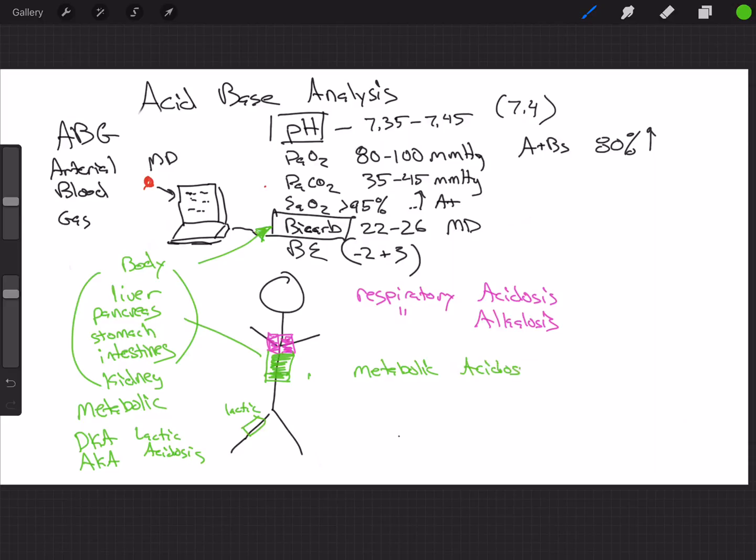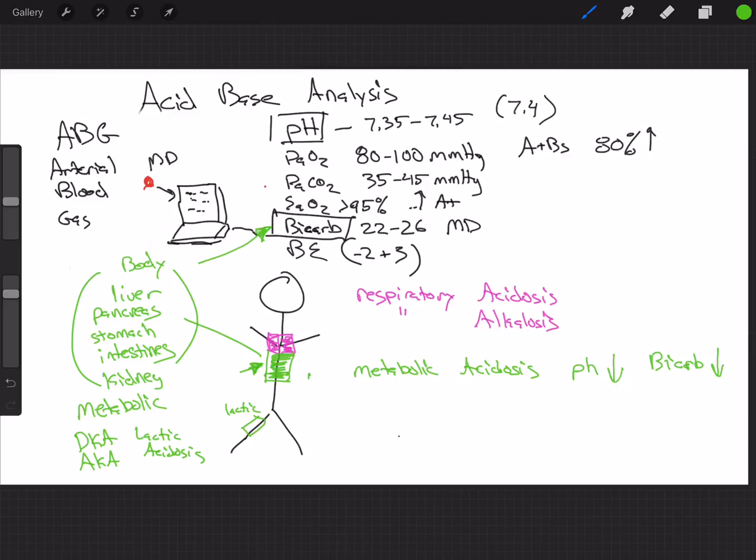So we've got metabolic acidosis. Your pH is going to be down, and your bicarb is also going to be down. So I always think of it as we've got an acidosis down here in the abdomen, and that's where all the bicarb is at, because bicarb's in the body. It's not a respiratory thing. So bicarb's in the body, and then there's an acidosis going on. The bicarb's trying to fight the acidosis, right?